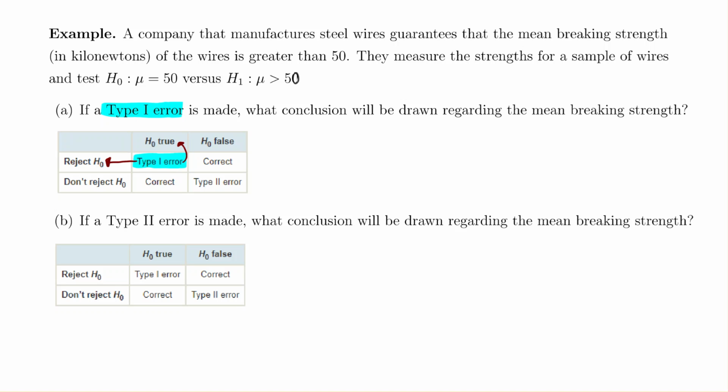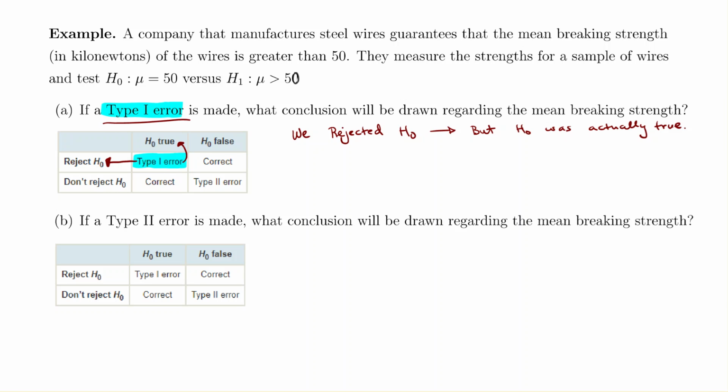So what happened is, at the end of this hypothesis test, we rejected H0. We said H0 is not true. However, this was an error because, since it's a type 1 error, H0 was actually true. That is a type 1 error.